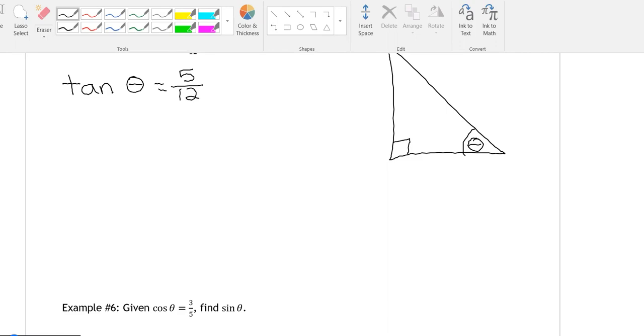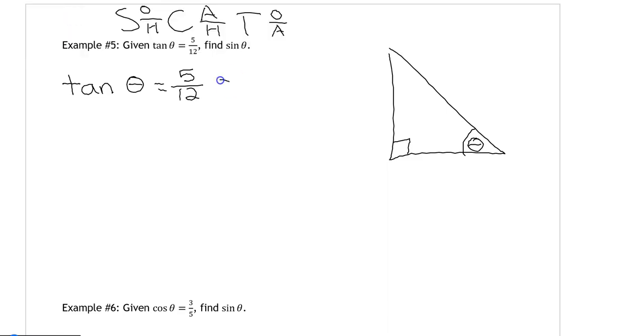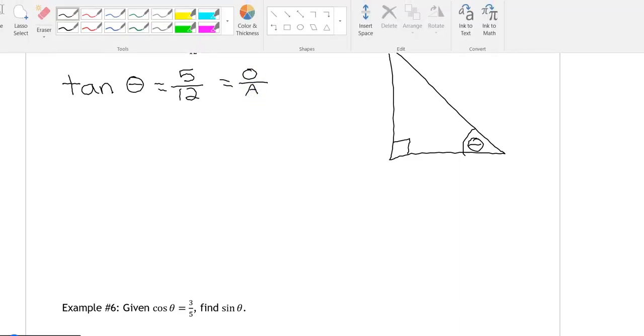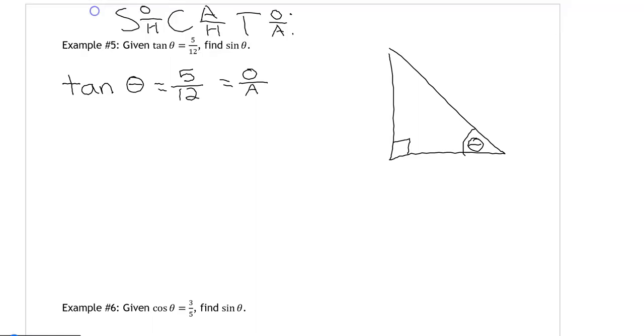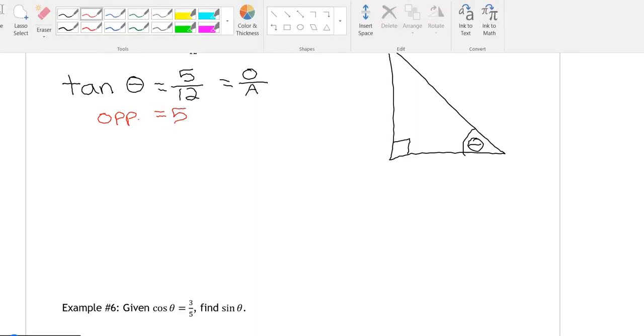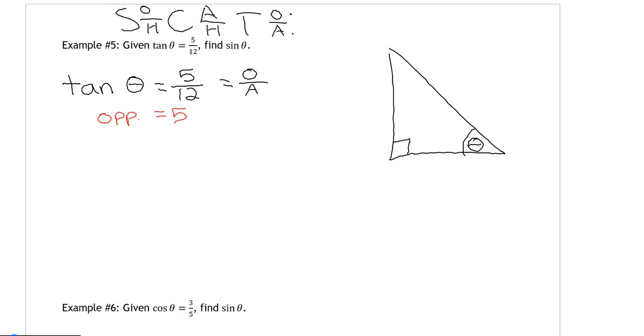So tangent of theta equals 5/12, and tangent is opposite over adjacent. So all that means is my 5 matches up with my opposite. So my opposite side equals 5. And 12 matches up with A. Right? 12 and A match up. So my adjacent side equals 12. Okay?